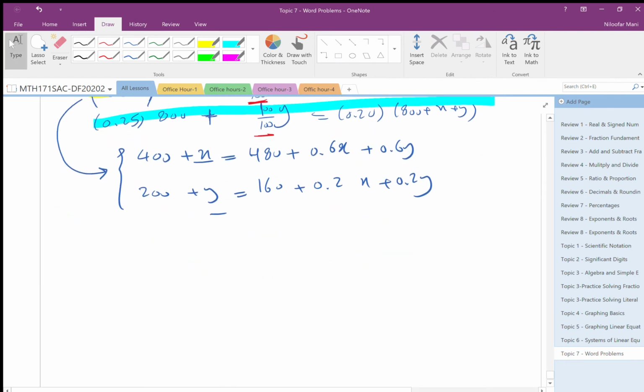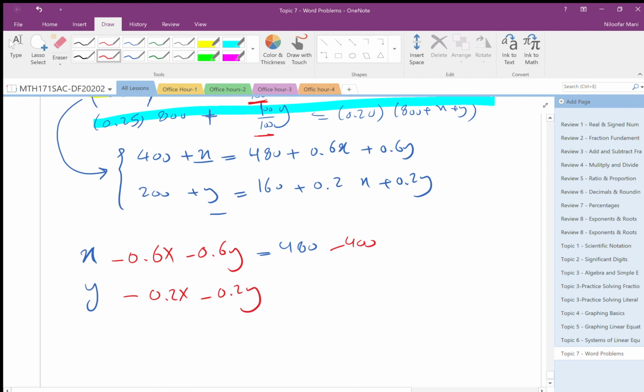So now it is x minus 0.6x minus 0.6y equals 480 minus 400, and y minus 0.2x minus 0.2y is 160 minus 200.